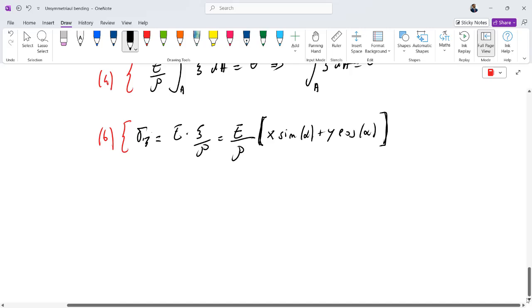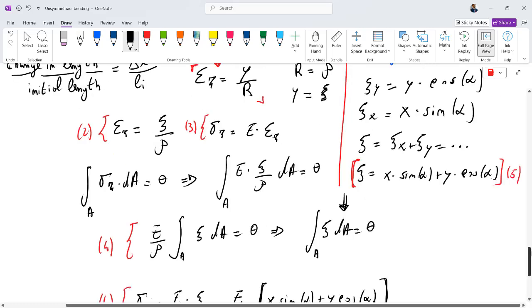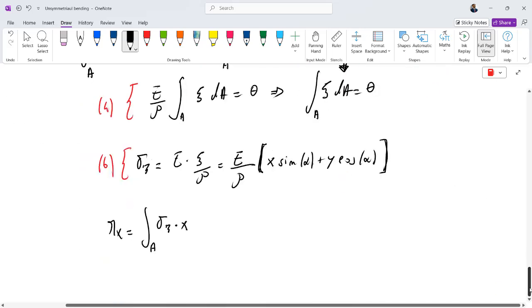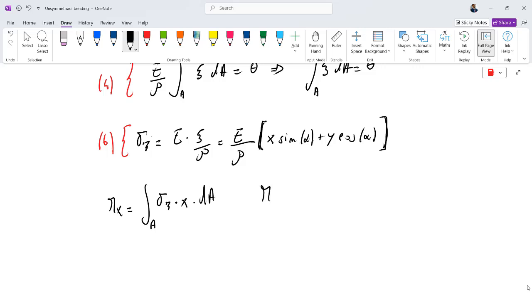Mx is equal to the integral over the whole area of the cross section of sigma z times x, that is the arm of the force applied in the y direction in this case, times dA, and My is equal to the integral over the whole area of the cross section of sigma z times the arm y in this case times dA.